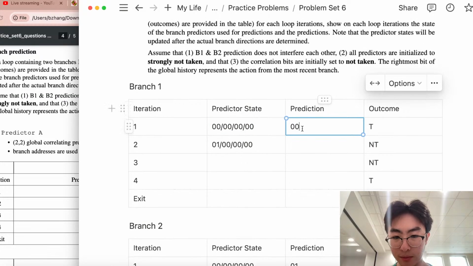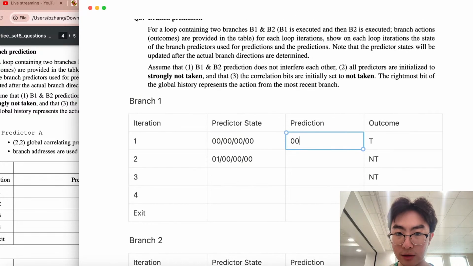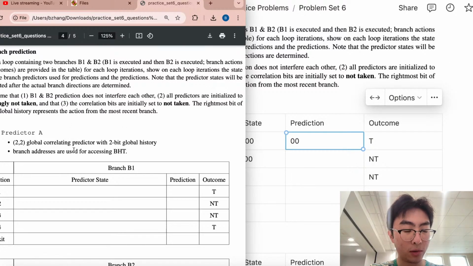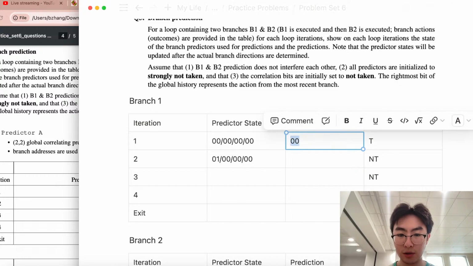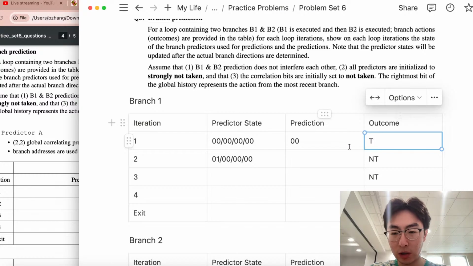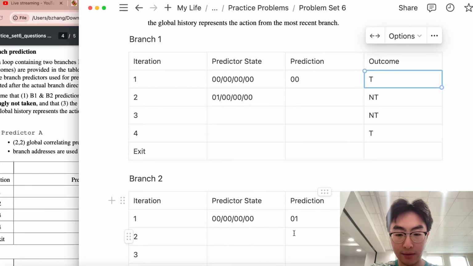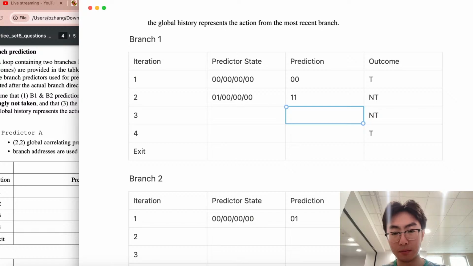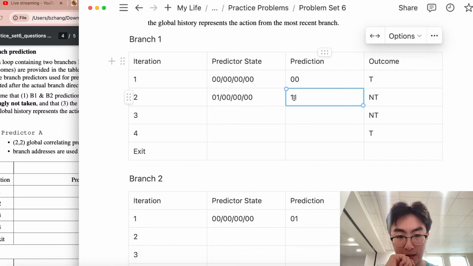And the first correlation, I think these are the global history. What do you call it? The correlation bits, or global correlating predictor. So these are initially set to not taken as well, but we do have the outcome of our branches taken, so that then affects the correlation bit for branch 2, and so this becomes a 0, 1 bit predictor, and the outcome here is also taken, so I think then this becomes 1, 1, because we have a taken and a taken now.